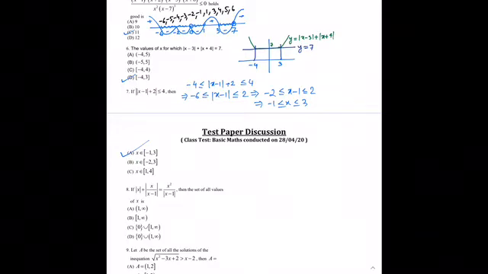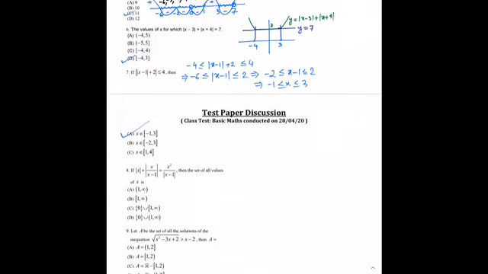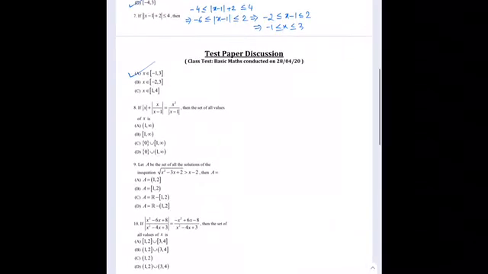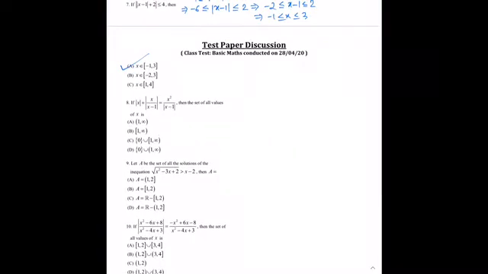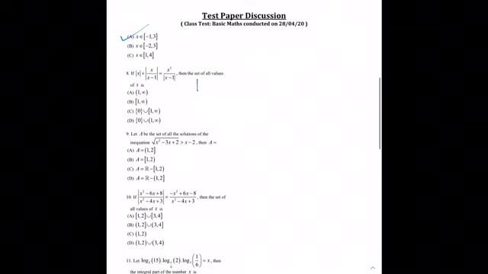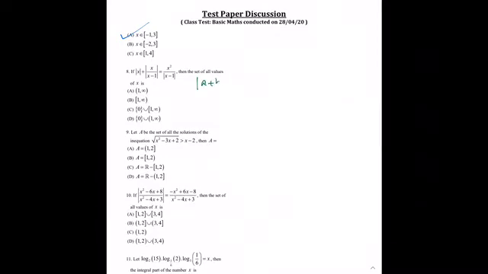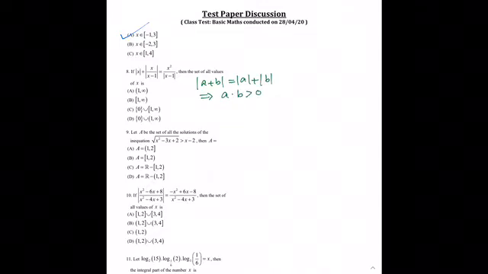Question number 8. You know that there is a property I have told you in the class, that if |a + b| = |a| + |b|, then this implies a and b are of same sign, that means a·b ≥ 0, or any one of them is 0, so it can be equal to 0 also. This is the idea on which you are going to work.